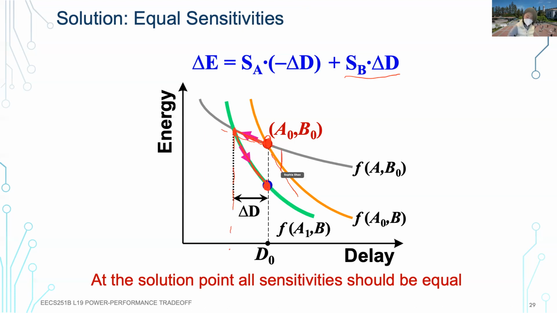So here we can shift the design to get a better energy and delay frontier compared to where we started. Typically, similar to gradient descent, we want similar sensitivity so it's more balanced. Otherwise, you can still follow one of the slopes to get a better design. Once everything settles to similar sensitivity, you reach your energy delay optimal space.